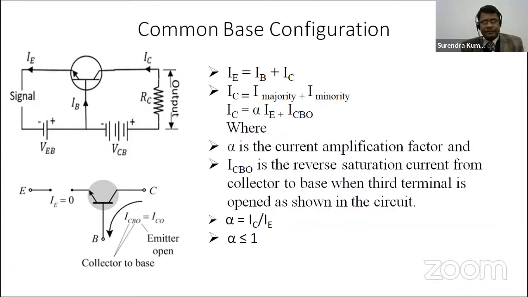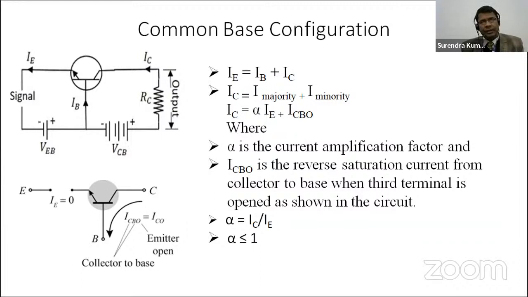The base terminal is connected to the positive terminal of the battery, and the emitter is connected to the negative terminal of the battery. Here the emitter is made of N type. So when the N region of the transistor is connected to negative, it will be forward biased.